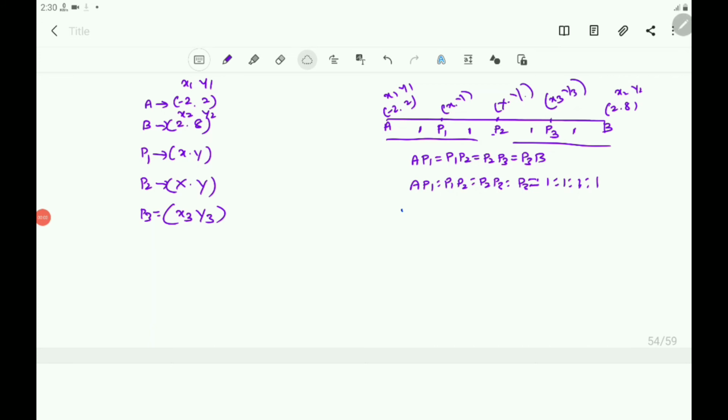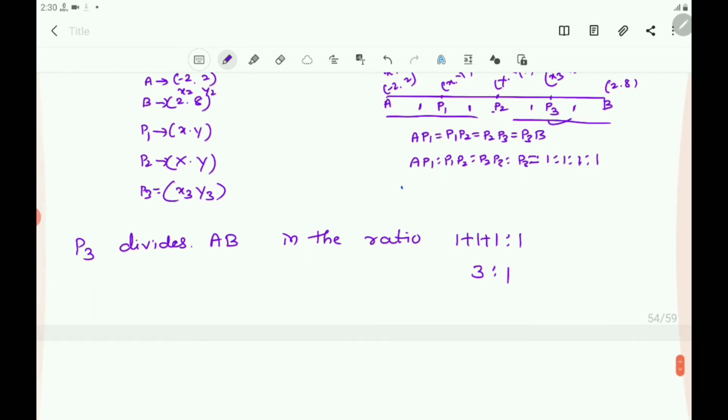Then you take the point P3. P3 divides AB in the ratio, here P3 is here, so it is 1 plus 1 plus 1 is to 1, that is 3 is to 1. So here m1 is to m2 equals 3 is to 1.